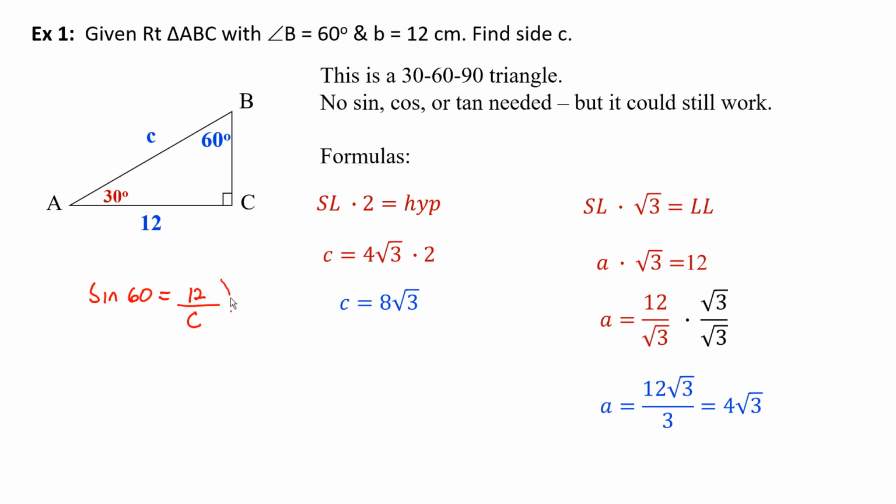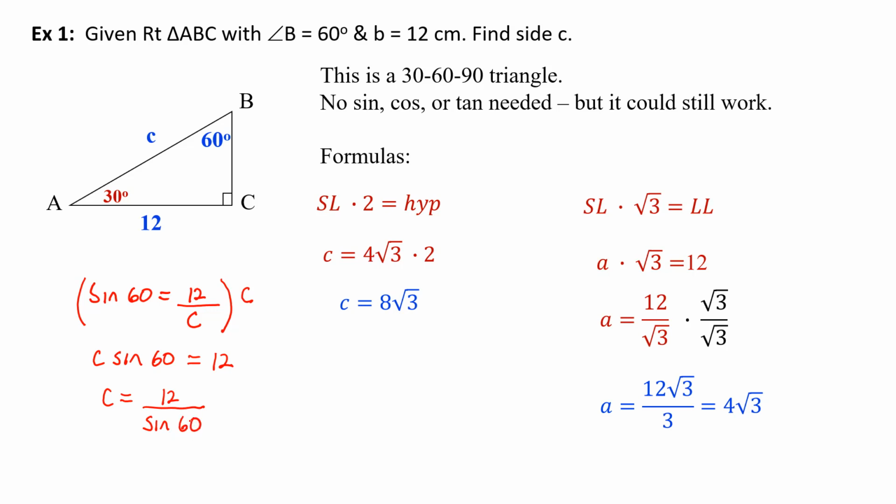So the first thing I would do is multiply both sides by C. That means I would have C sine 60 on the left. On the right, the C's cancel, leaving me 12. If I divide both sides by sine 60, I get C equals 12 divided by sine of 60.